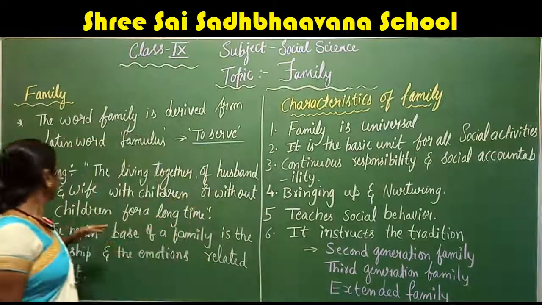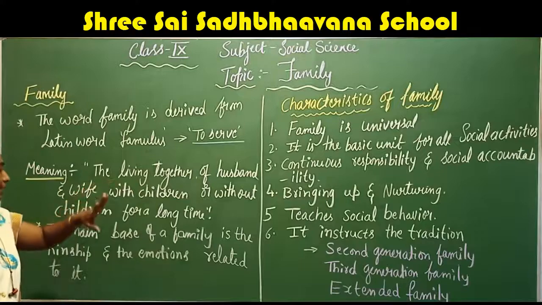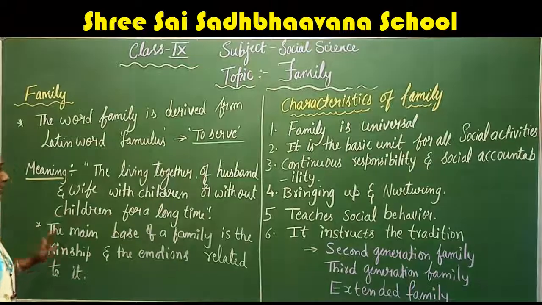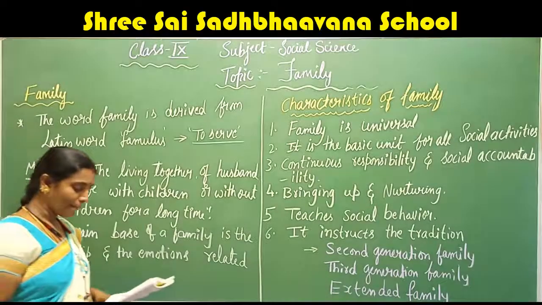We'll continue with the exact meaning: the living together of husband and wife with children or without children for a long time is known as family. The main base of the family is the kinship. Kinship means blood relationship, and the emotions relating to it is the family.